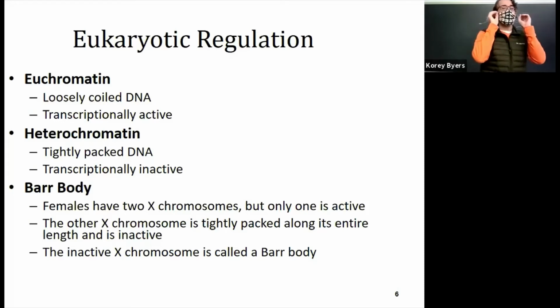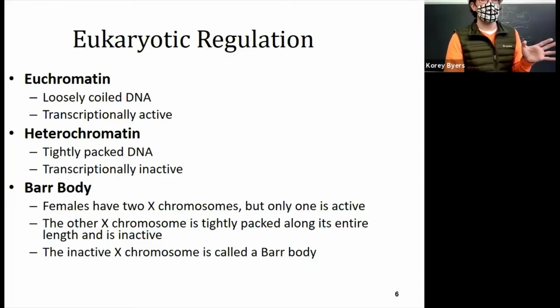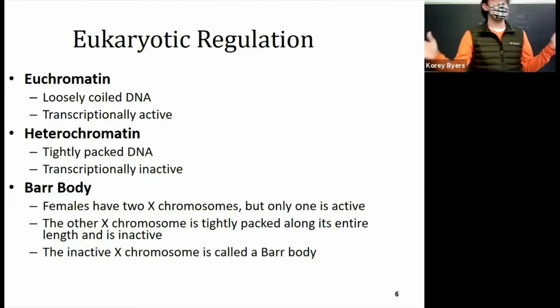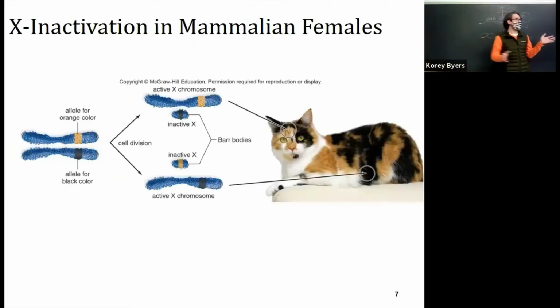But a way that we can actually see this process is in calico cats. You ever seen a calico cat before, or a tortoiseshell cat? They have some brown fur or some black fur or some gray fur. We think, why? How does that happen? For the most part, it only happens in female cats. That is because the alleles that code for orange and the alleles that code for black fur are on the X chromosome.